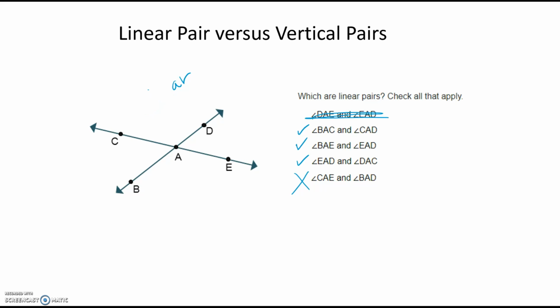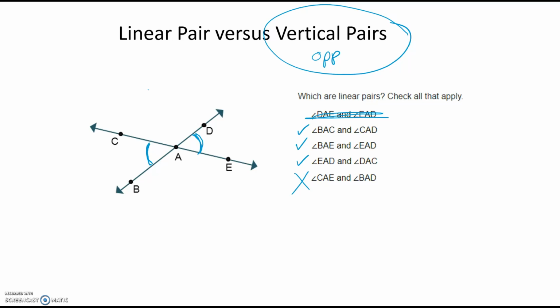All right. The next thing I want us to focus on is vertical pairs. Vertical pairs are the pairs that are on opposite sides of the straight lines. So looking here, we have CAB, which is right there in blue, and the pair that is opposite is DAE.